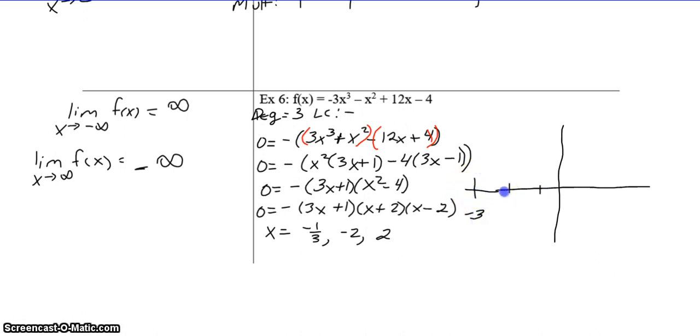Label them. You have to have some kind of scale on your grid or else no clue what those mean. So negative 1/3, so about here. Negative 2, 2. So end behavior. Left hand behavior said it was positive infinity.